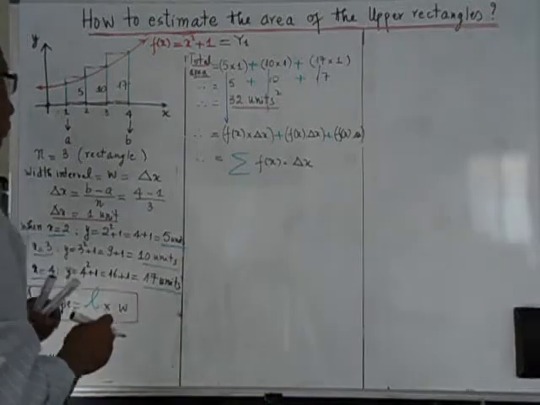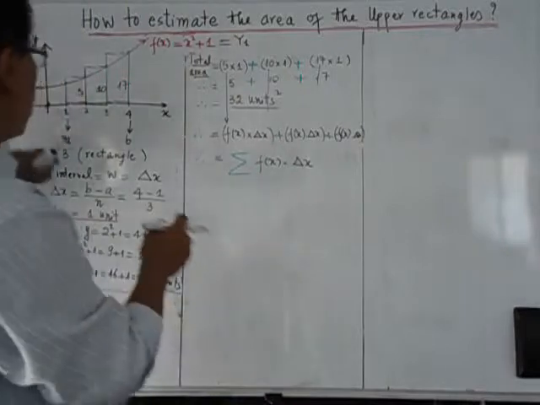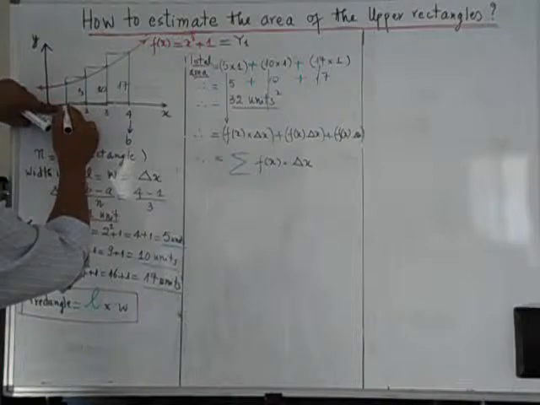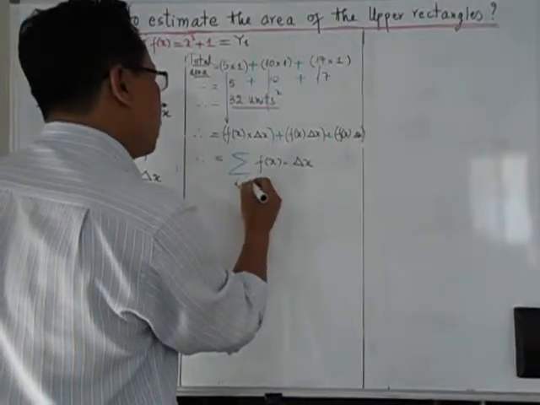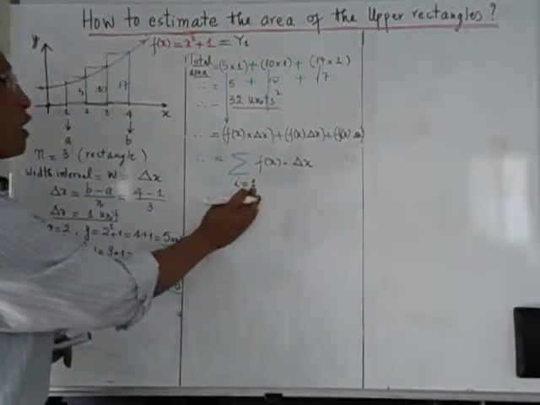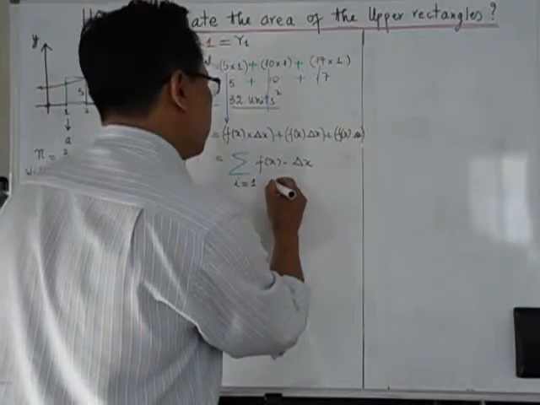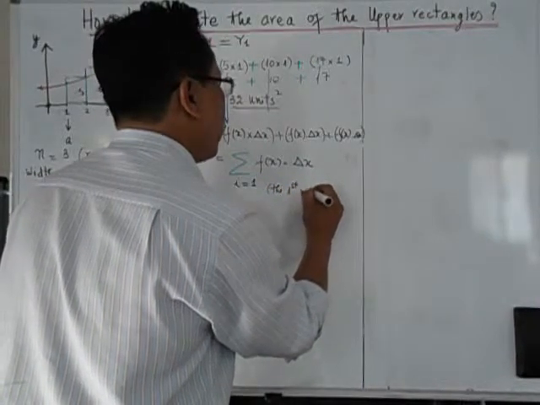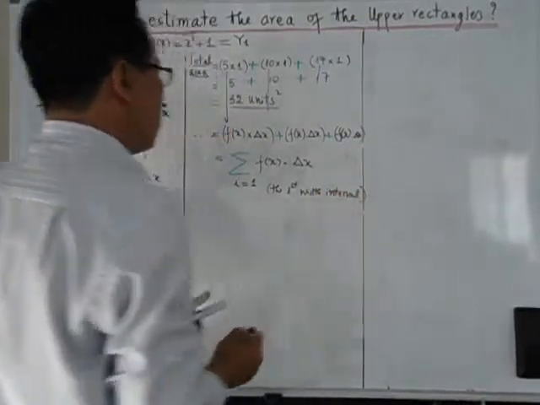And we can see, in order to estimate the area of this region, we must start from 1 to 2. From 1 to 2 is the first interval. Therefore the initial value equals 1. This number 1 here means the first interval.